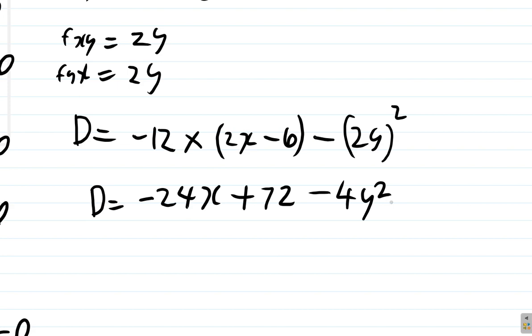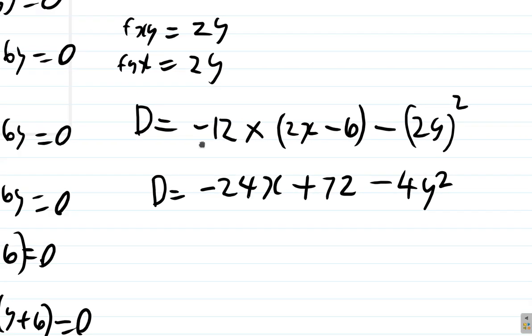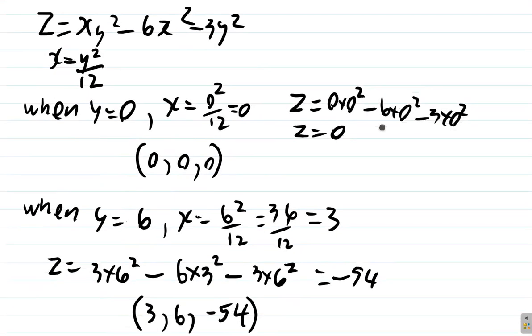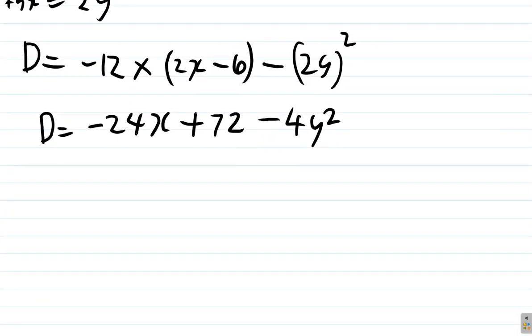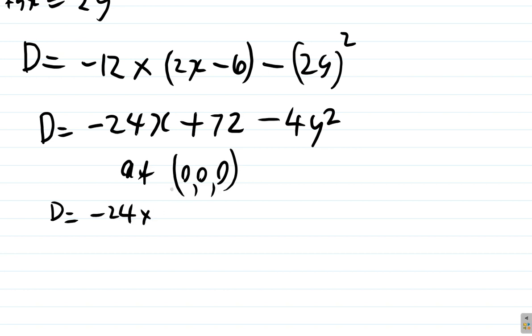Now, one of the points, one of the locations was 0, 0, 0. So, we're going to test this at 0, 0, 0. What happened at 0, 0, 0? D is equal to negative 24 times the value of x, remember, is x, y, z.